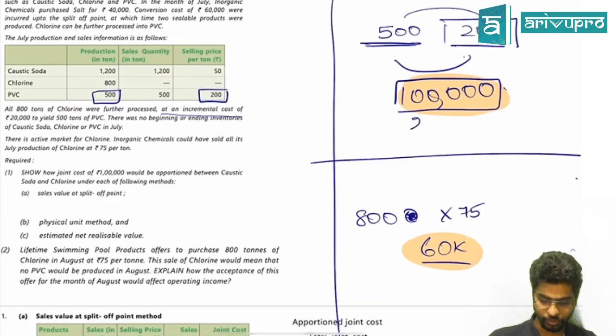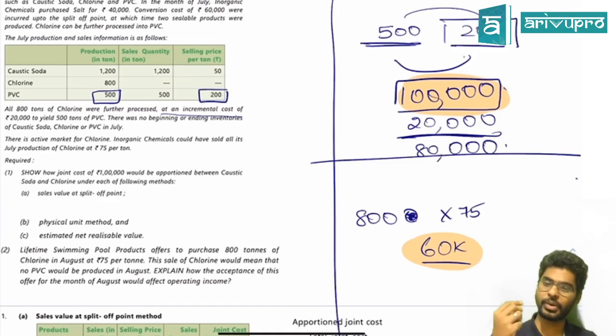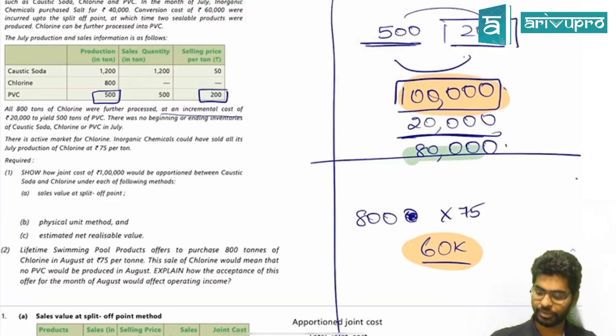I'll be incurring 20,000. Therefore, I am earning only 80,000 more, not 1 lakh more. Because to earn 1 lakh, you have to spend 20,000 more on further processing. But now I will compare 80,000 and 60,000. Which is better?